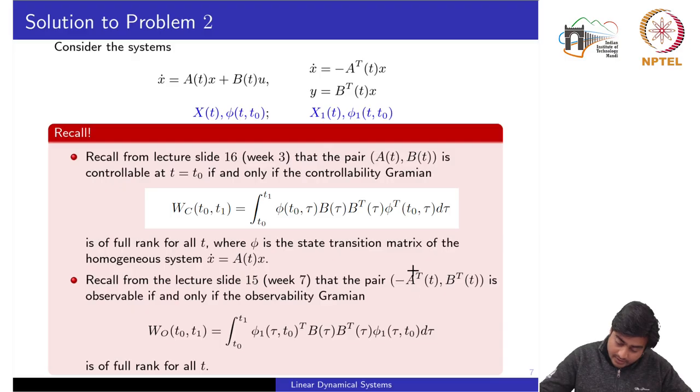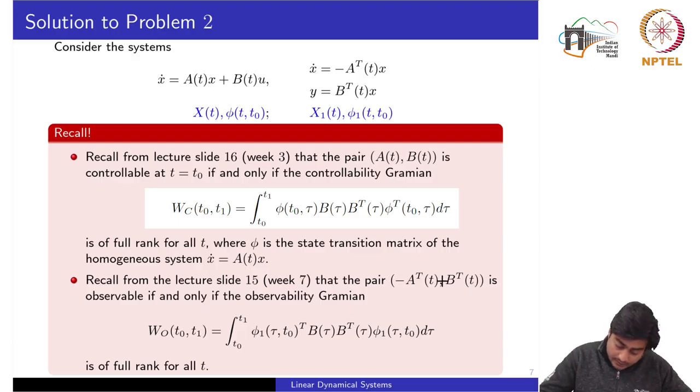For the observability, since these are the state and the output matrices, we have directly written the Gramian in terms of this pair, which is supposed to be full rank if we want to ensure the observability of this pair.